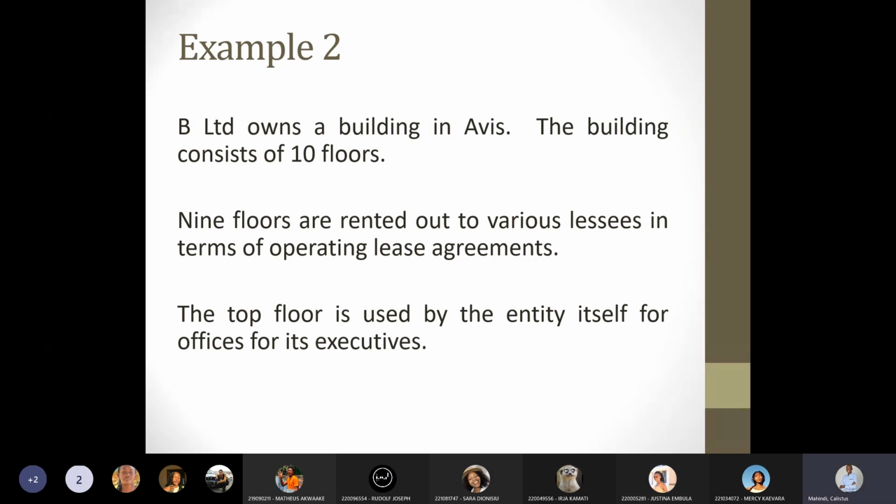Anyone? How do you classify building B? Meke, how will you classify building B?